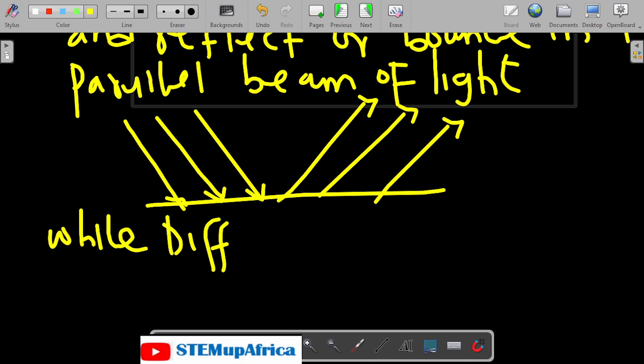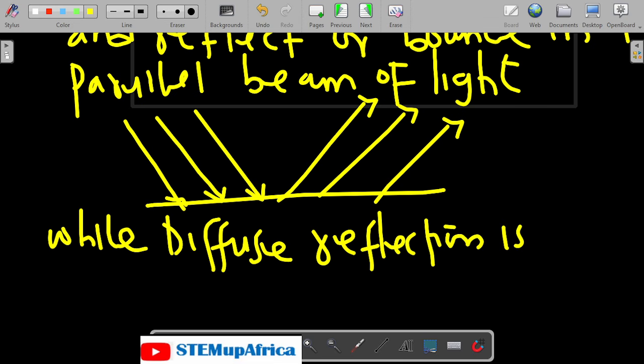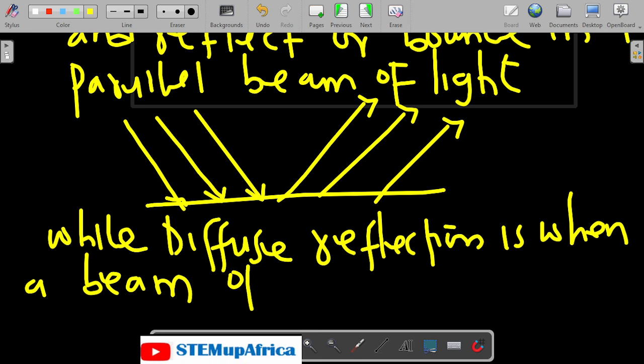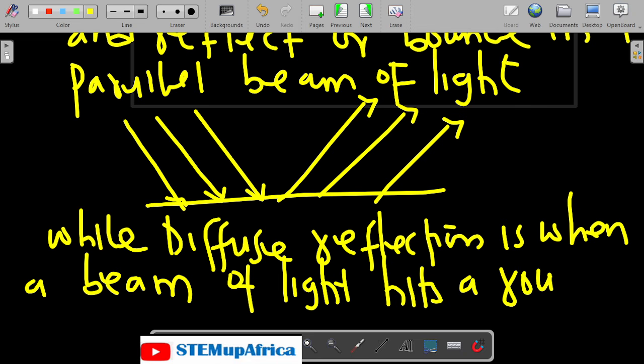Diffuse reflection is when a beam of light hits a rough surface. This time around it's not smooth.